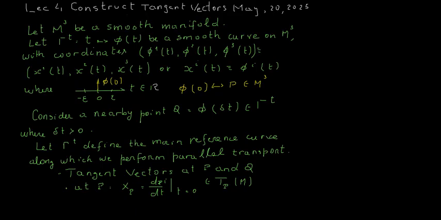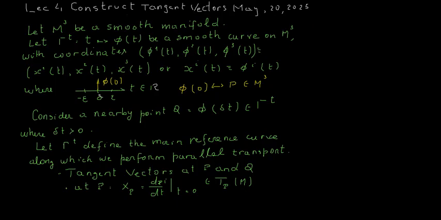So now you define phi at t equal to 0. This is a point P that belongs to M3, okay? What is important is that these points over here on the curve are just a label. You cannot do any operation with them.